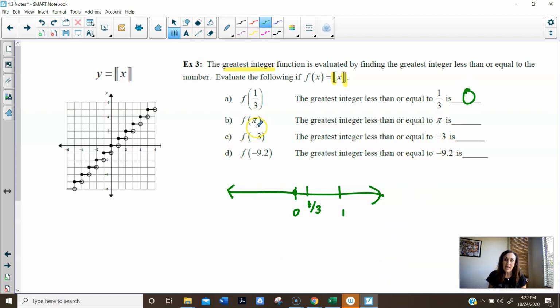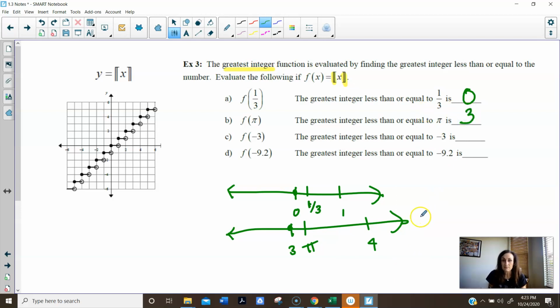F of pi. So pi is 3.14 if I'm going to estimate it. So if we look at pi on a graph, here is 3 and here is 4 and here is pi. So the greatest integer is going to be 3 for the greatest integer function.